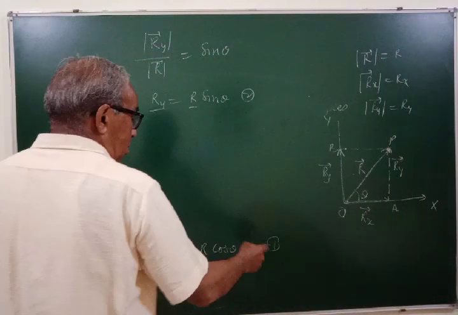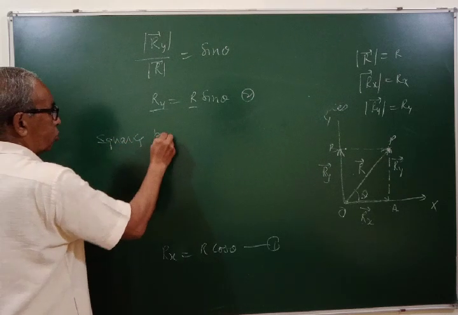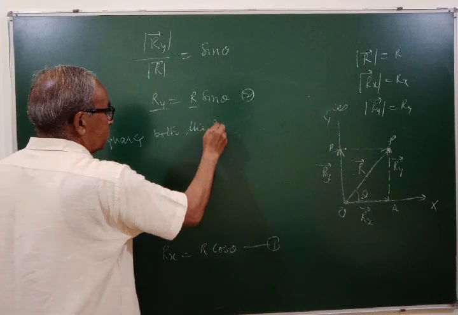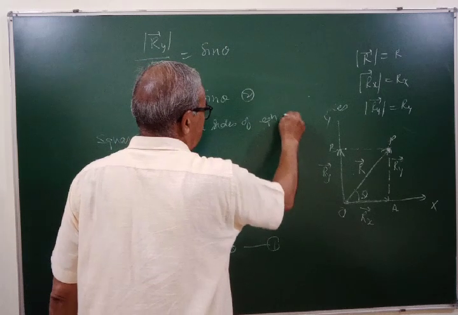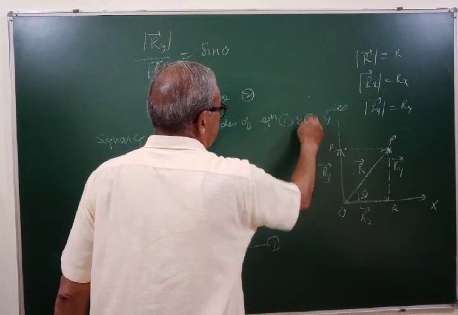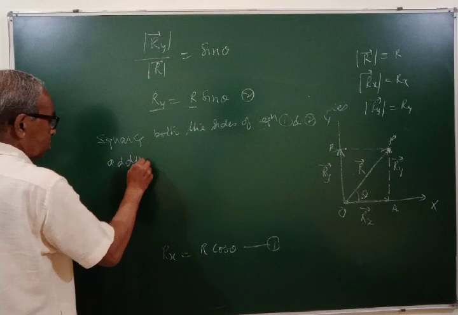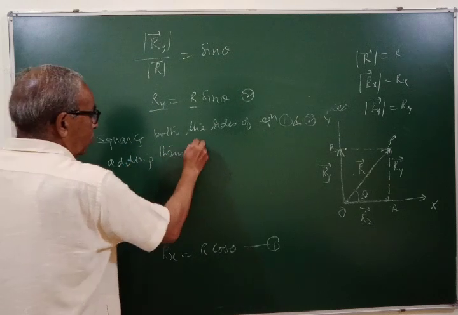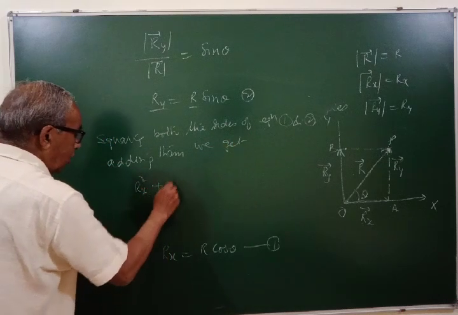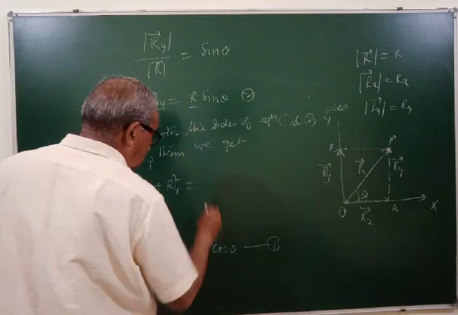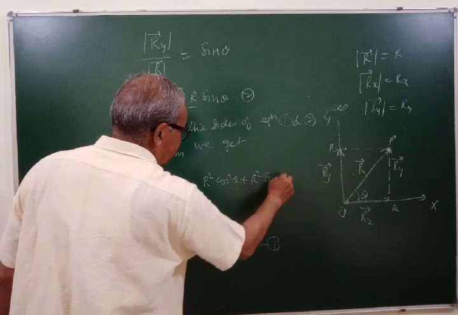Now, if I square both sides of equations 1 and 2 and add them, we get Rx square plus Ry square is equal to R square cos square theta plus R square sin square theta.